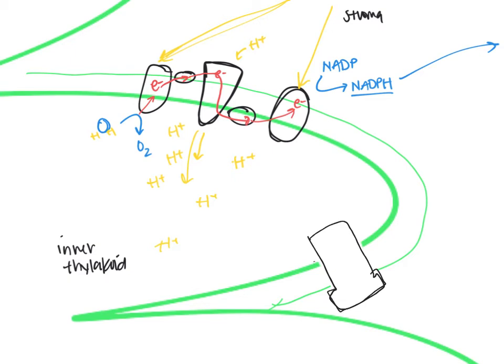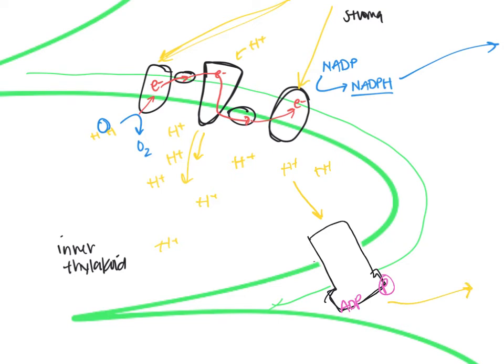Imagine that this rotor has ADP plus P on it. It's just kind of sitting in there. ATP synthase has ADP plus P kind of bound to it, so that when these hydrogen ions, as they're gaining more and more energy, as they're being pumped across against their concentration gradient, they're going to passively pass through ATP synthase.